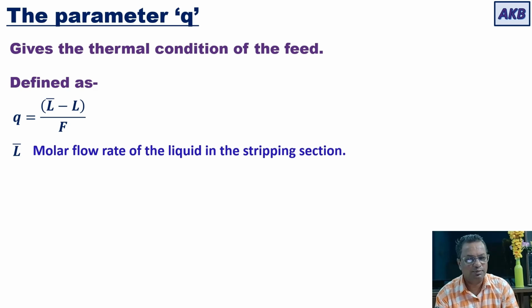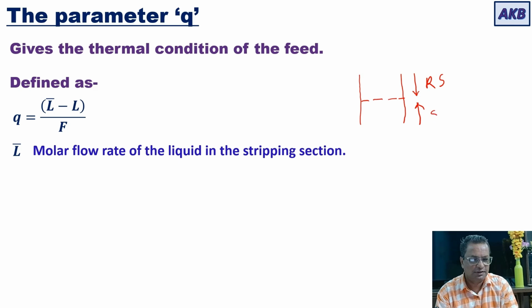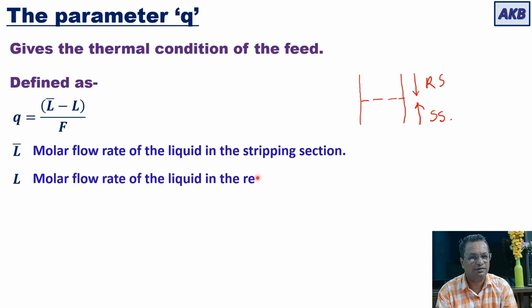You must be remembering, when you have the column and the feed plate, the feed plate divides the column into two sections. The section above the feed plate is the rectifying section, and the section below the feed plate is the stripping section. So L bar represents the molar flow rate of the liquid phase in the stripping section, and L is the molar flow rate of the liquid phase in the rectifying section.